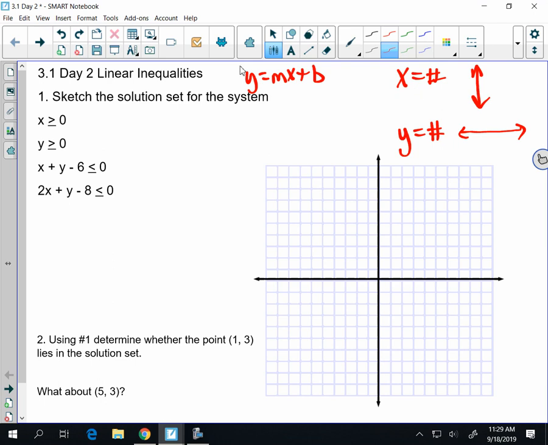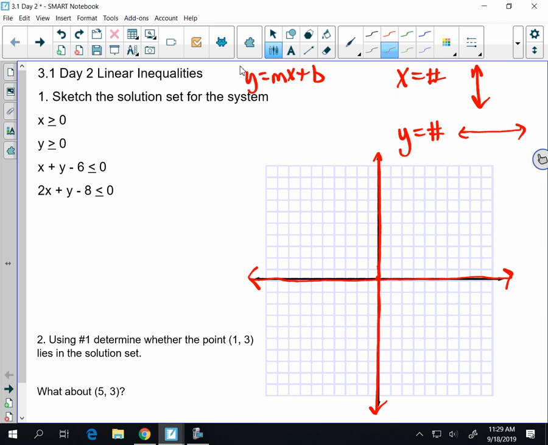So x is greater than 0 is really just the y-axis. Y is greater than or equal to 0 is going to be this way. Notice I'm not shading yet because I have to figure out where all these intersect. I'm going to wait to do that till the end, okay?